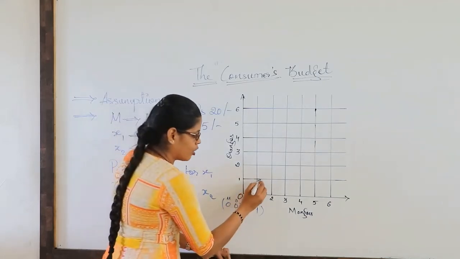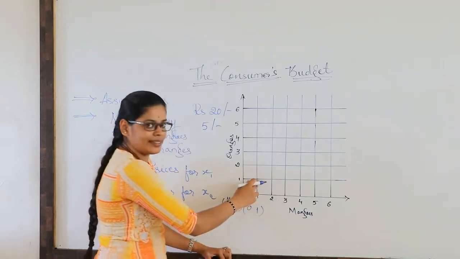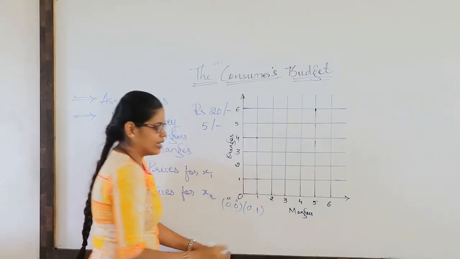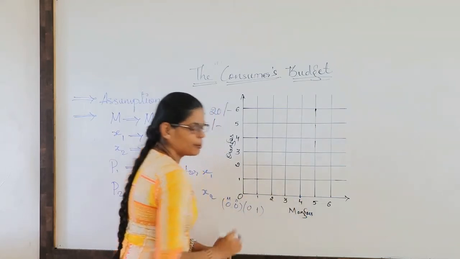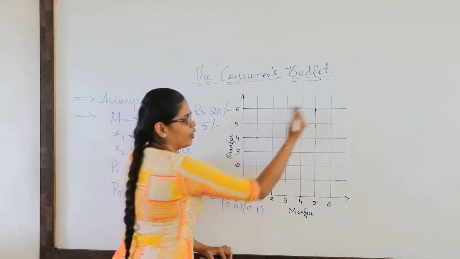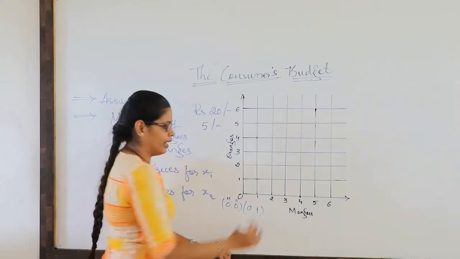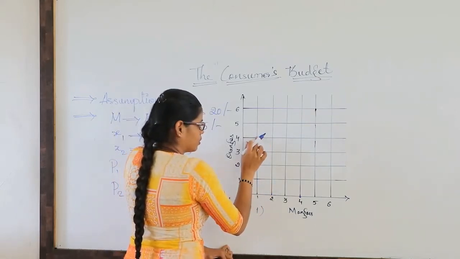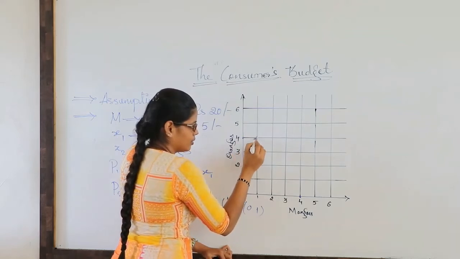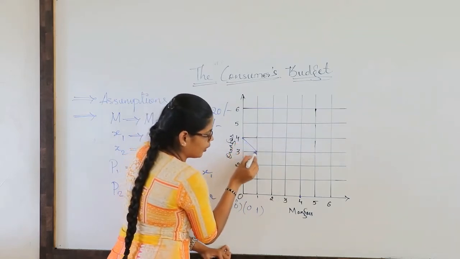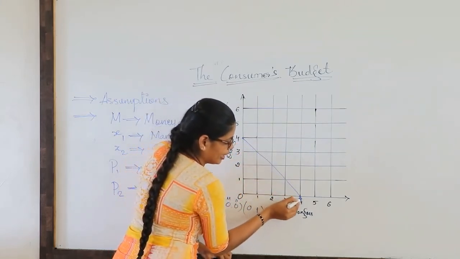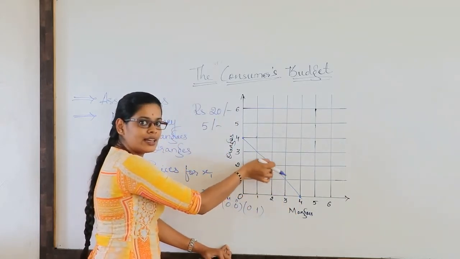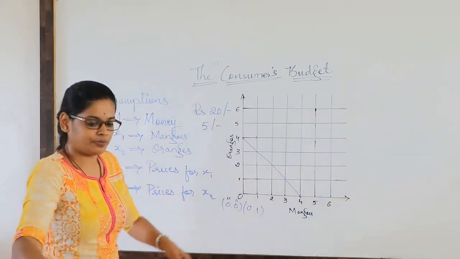So you can make combinations, right? At most you can buy 4 oranges or 4 mangoes. Can you go beyond this? No, right? So this is the point where a consumer can use his budget maximum.